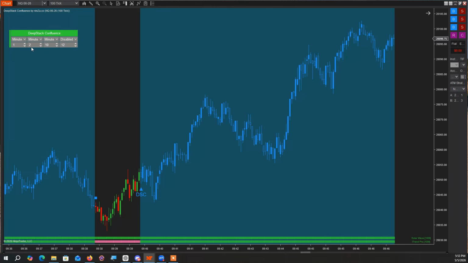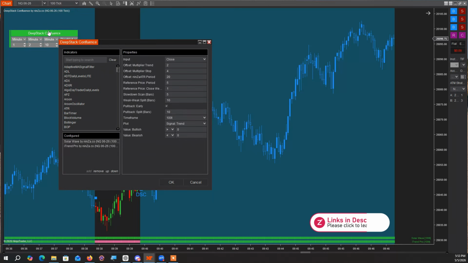But what's really impressive here is that not only can you create filtering by time frame, you can also create filtering by indicators. You can add a number of different indicators. So I have Solar Wind and iTrend Pro because these are best sellers. I think most of you have them.